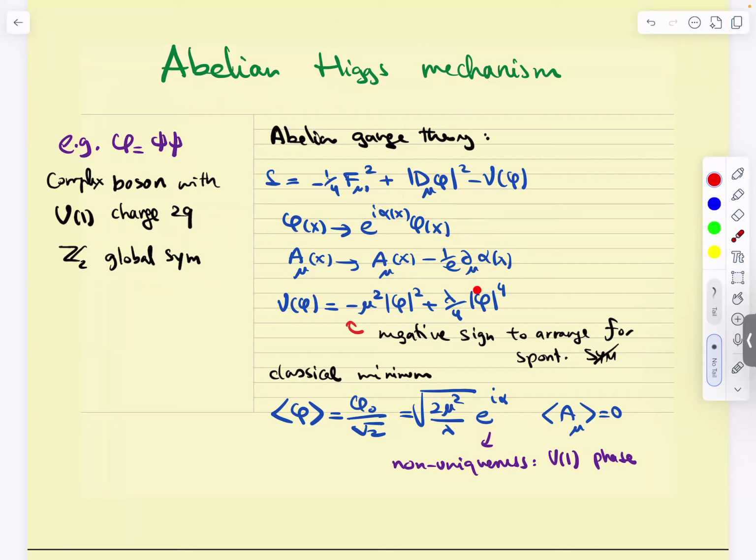And here's the potential. We need to arrange for opposite signs to make sure that spontaneous symmetry breaking happens. Here's a minimum of phi, but now phi is a complex field, so there's a phase, and this phase is a choice of gauge.